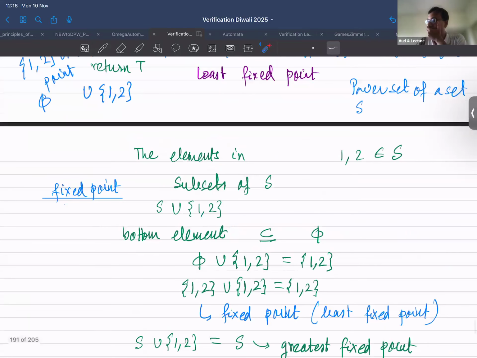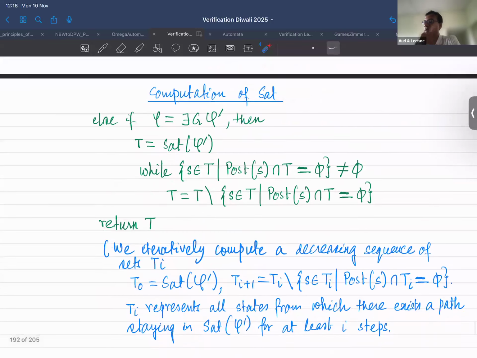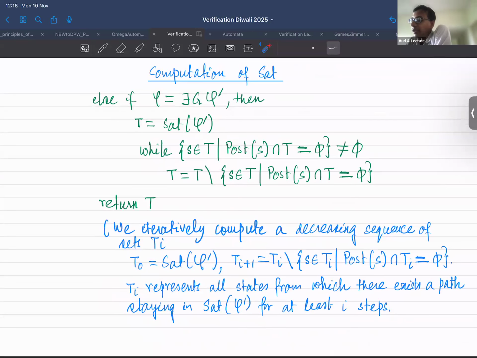Similarly, if you talk about this EG phi prime, you start with the set of states satisfying phi prime, and here we are going to reach the greatest fixed point because we start with a large set and we remove things from it until we reach the fixed point.